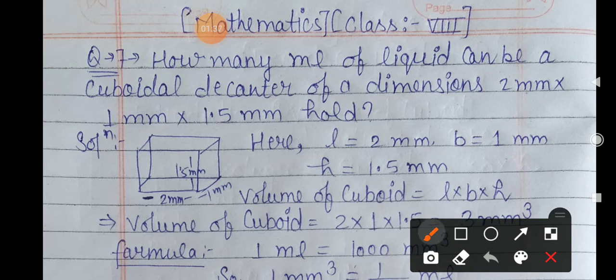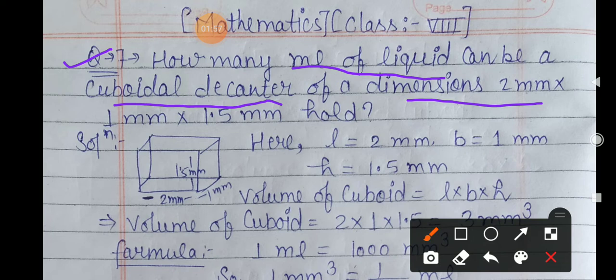Okay, so here the question is: how many ml of a liquid can a cuboid of dimension 2 mm into 1 mm into 1.5 mm hold? That means you have the dimensions of a cuboid.